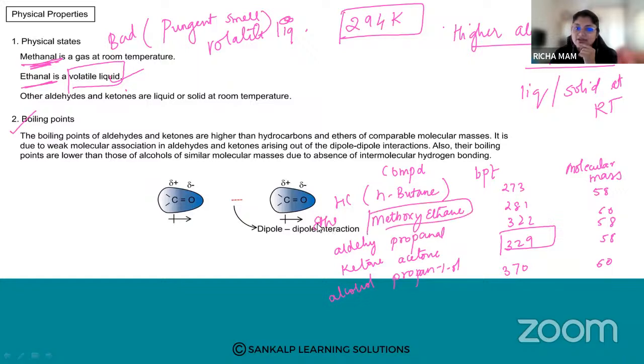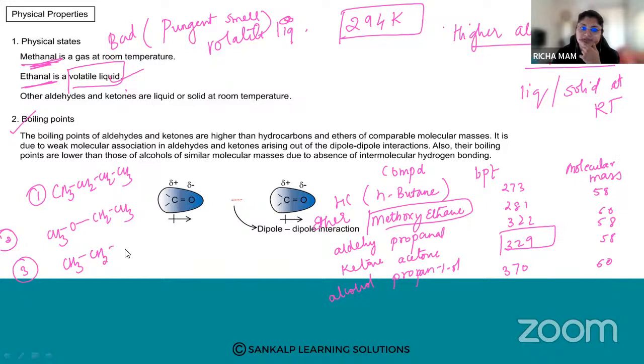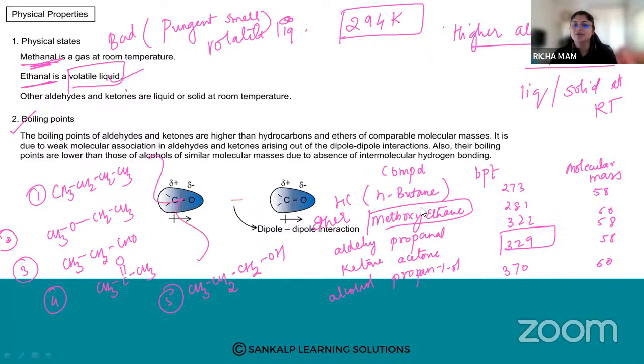Methoxyethane is CH3O and CH2CH3. Propanal is CH3CH2CHO. Acetone is CH3, C double bond O, CH3. And propan-1-ol is CH3CH2CH2OH.